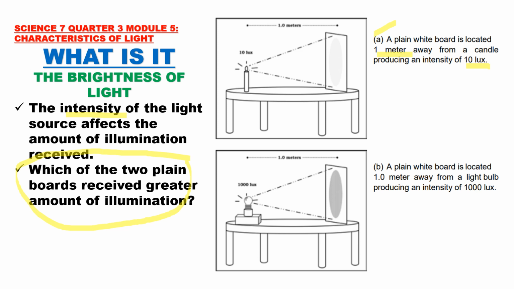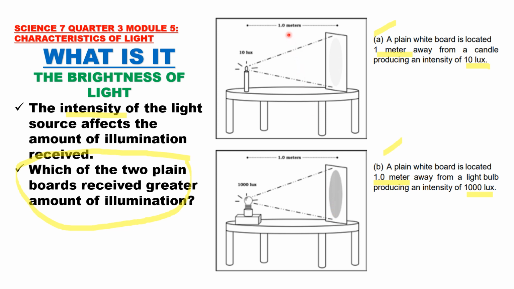Next, in figure B, we have a plain whiteboard located 1.0 meter away from a light bulb, producing an intensity of 1,000 lux. So, in figure letter B, our light source is a light bulb, and the intensity it produces is 1,000 lux. Now, our light bulb is located 1.0 meters away from our plain whiteboard.